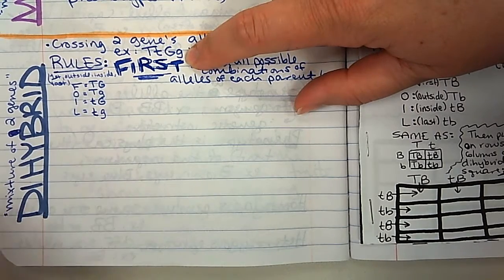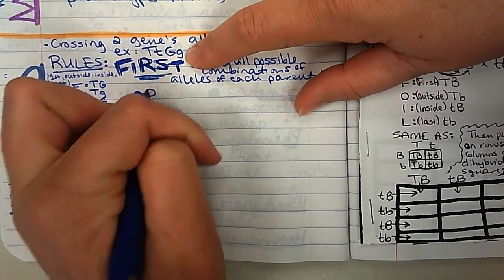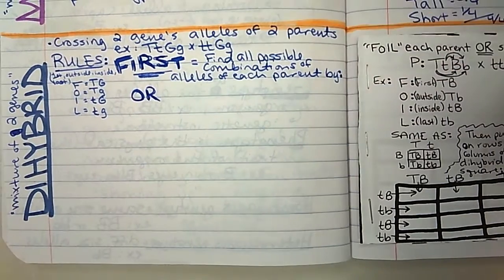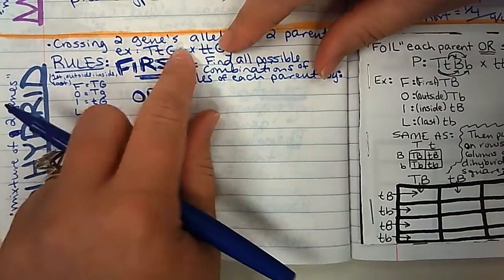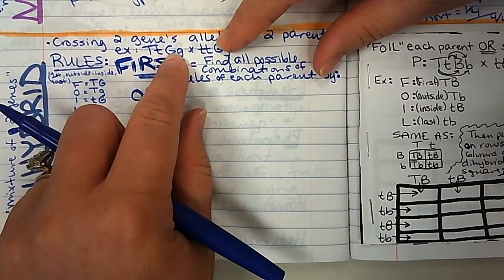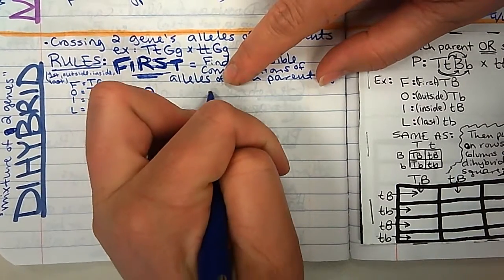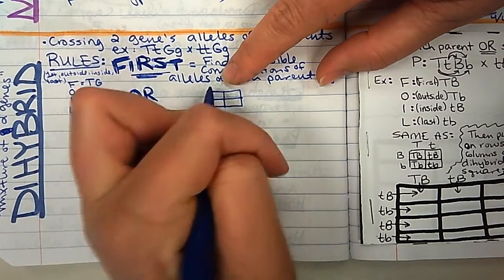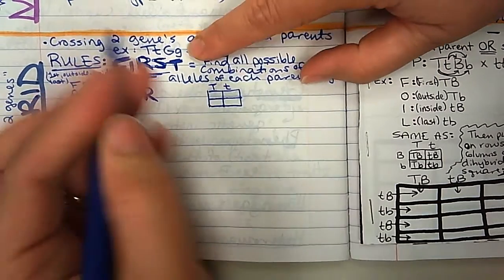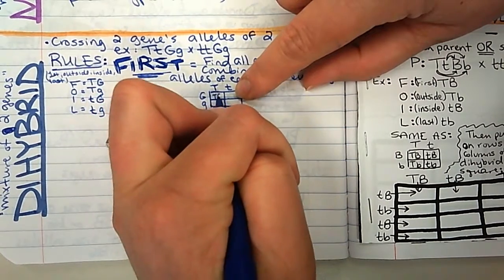Okay, so you can FOIL it, or you can just do a monohybrid cross, using these two sets of alleles as what you're going to put around your square. So you could just make a little monohybrid cross square and separate out your t's and separate out your g's, and then keep your t's first inside the square.